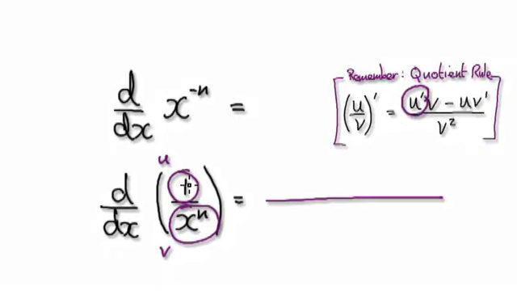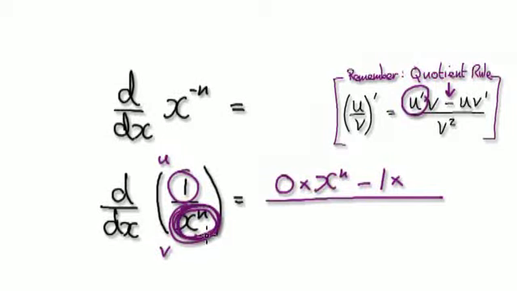When you differentiate 1, it will be 0, and 0 times v, which is x to the power of n, this whole thing later on will be 0. Then this minus here, and then leave u the same. So that's leaving u the same, so that's 1, and then times the differential of the v.